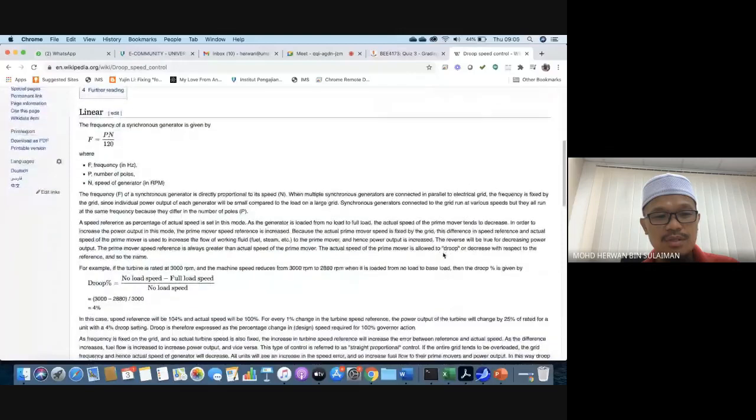So you look here, droop, to find the droop. You want to find the percentage, right? So you can get the no load speed minus full load speed divided by no load speed, or no load frequency minus full load frequency divided by full load frequency. That's how we find the droop.